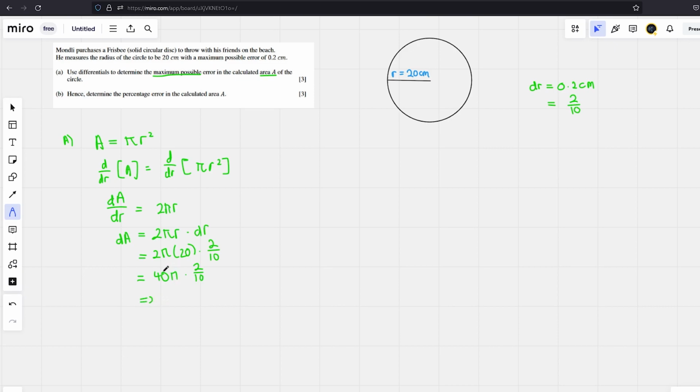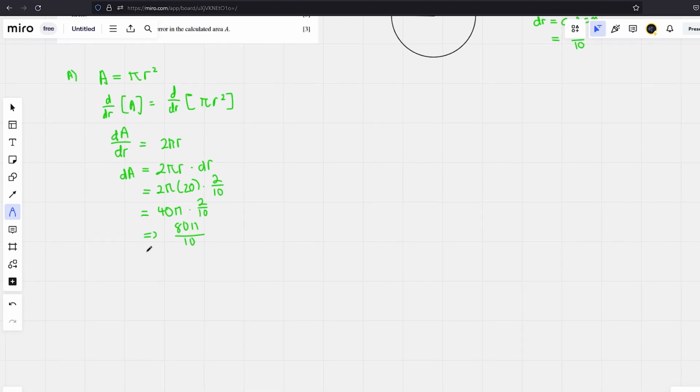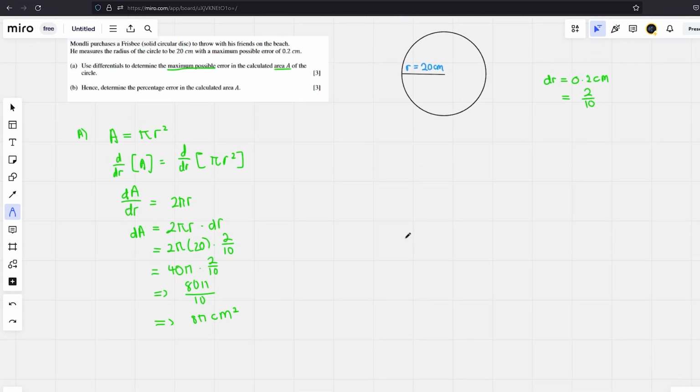Simplifying even further, multiplying 40 by 2, we get 80 pi divided by 10, and that's going to be equal to 8 pi centimeters, and don't forget the squared because of area. So our maximum possible error in the calculated area with respect to the maximum possible error in the radius is 8 pi centimeters squared.